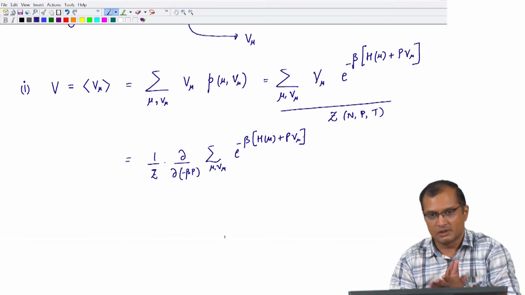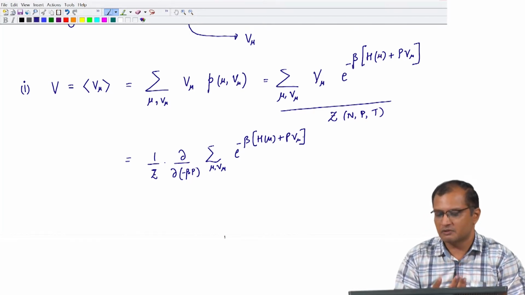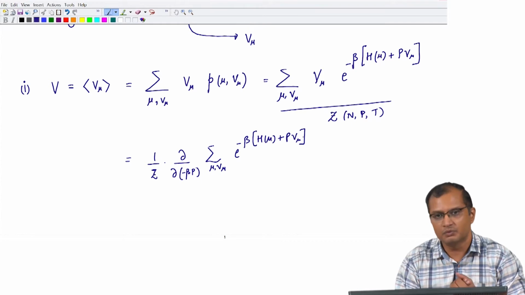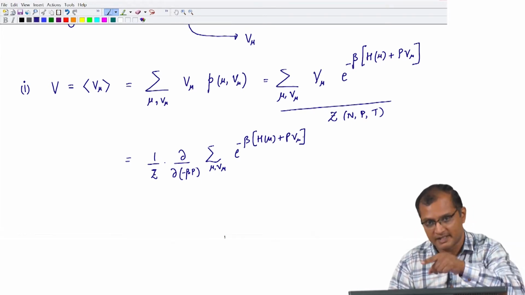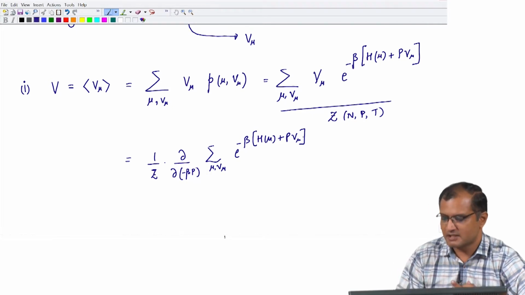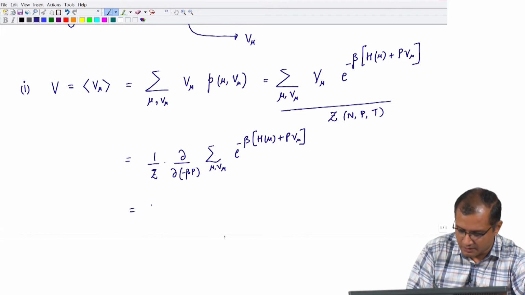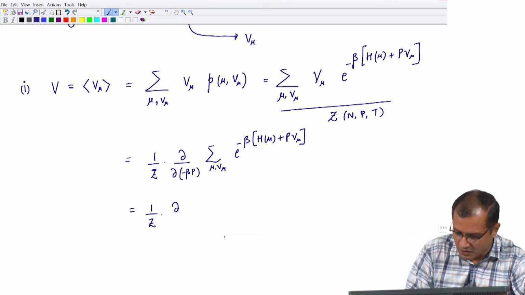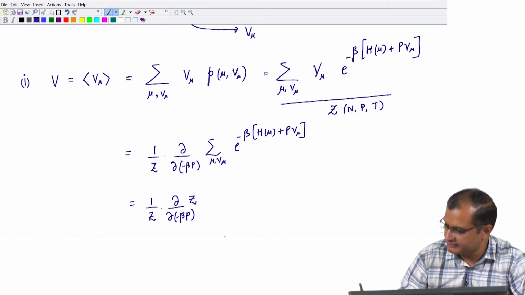So, this derivative will go inside the summation and differentiate each term, and from each term it will pull out a V of mu under the summation, and you will get the numerator in the previous expression. The denominator is just the Z that I have taken outside, and this is nothing but 1 upon Z d over d minus beta P of the Gibbs canonical partition function.